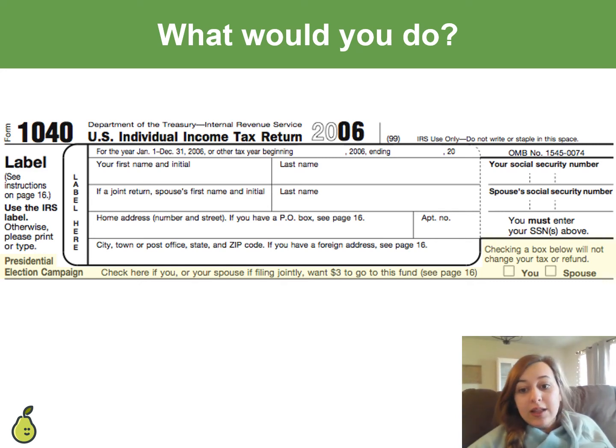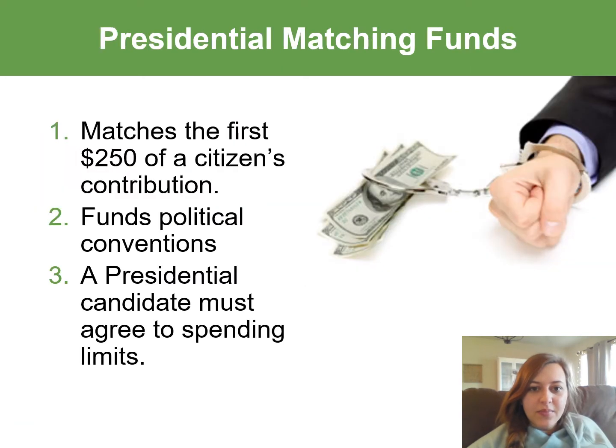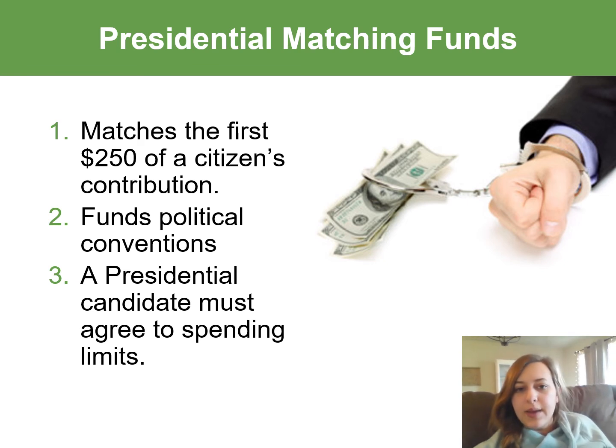Now, lots of people ask, what's the money go towards? Who am I financing, right? So we're going to take a look at that on the next slide. This is called presidential matching funds. And what it does is it matches the first $250 of a citizen's contribution.